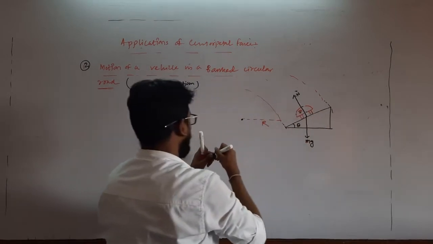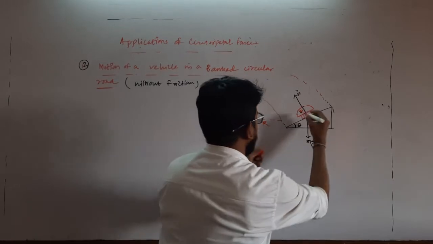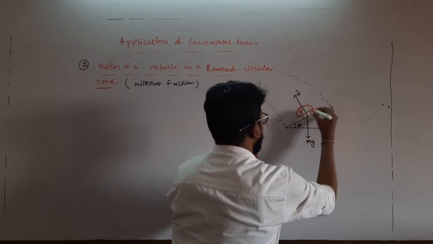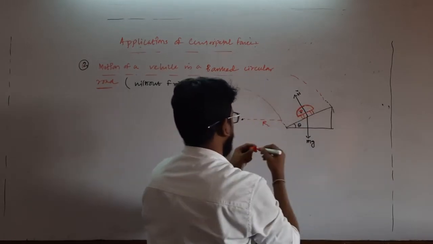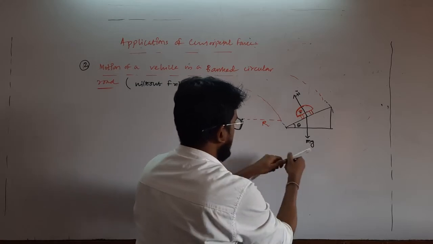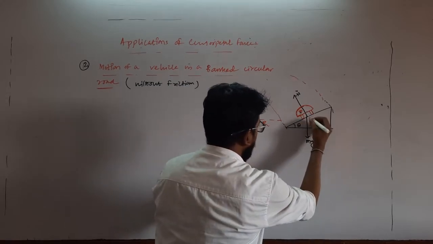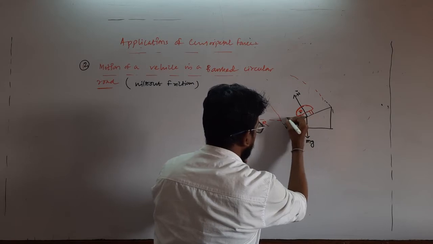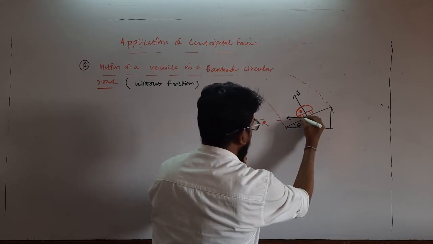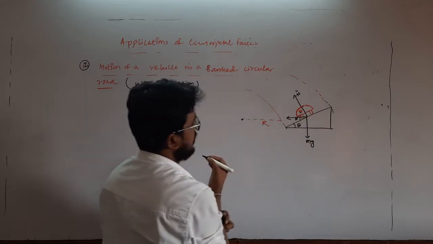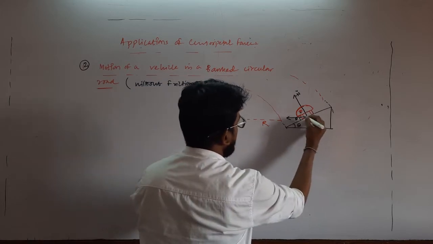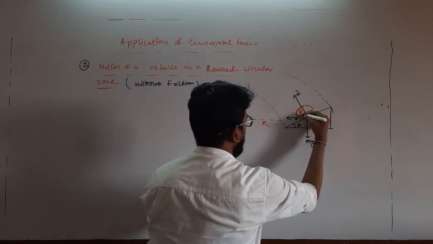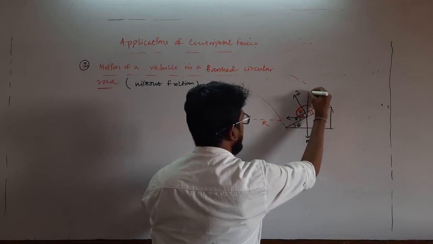So it has two components. If this angle is theta, this will be 90 minus theta. So along this direction towards the center, this angle will be theta. Clear? If this is 90 minus theta, this angle will be theta. So again this angle will be 90 minus theta. So this angle again becomes theta.